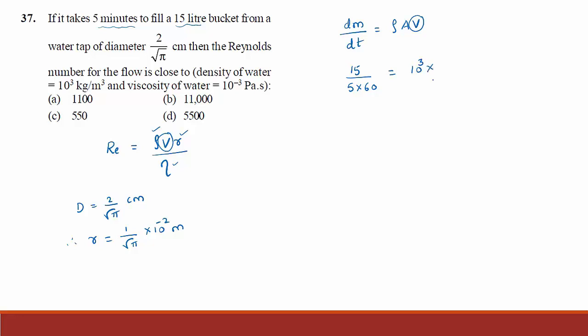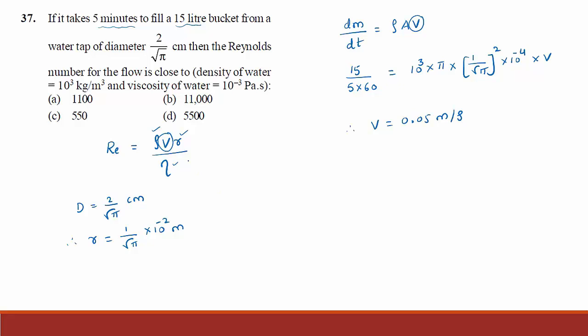Here area means we can use pi r square. With r equal to 1 divided by root pi, we have pi r square into velocity. In terms of meter squared, we can write 10 raised to minus 4 into V. So after calculating these values, we will get velocity 0.05 meter per second.